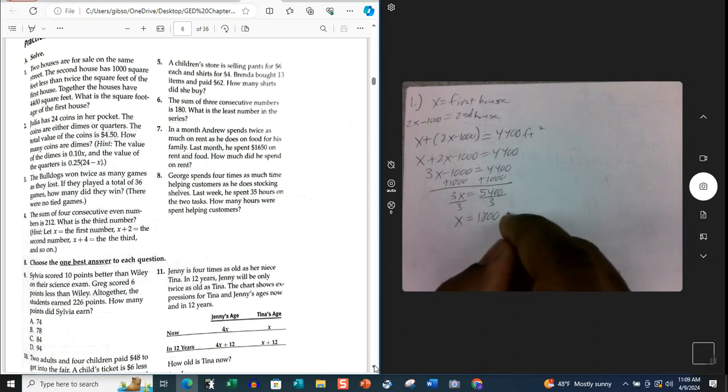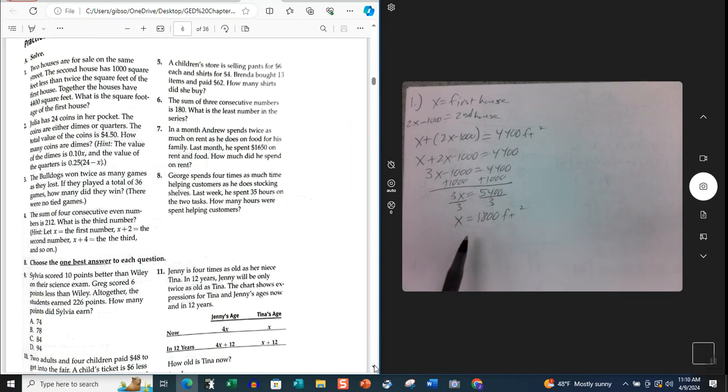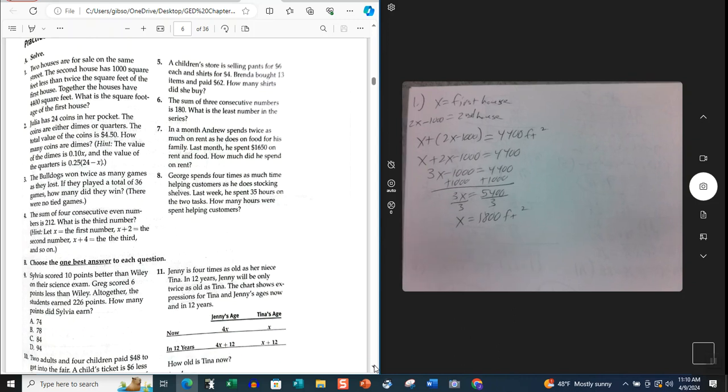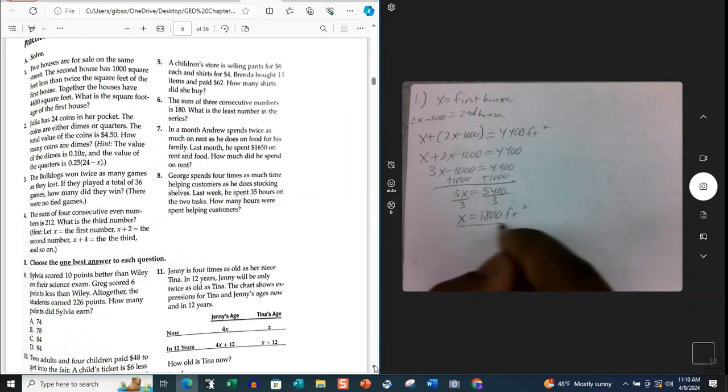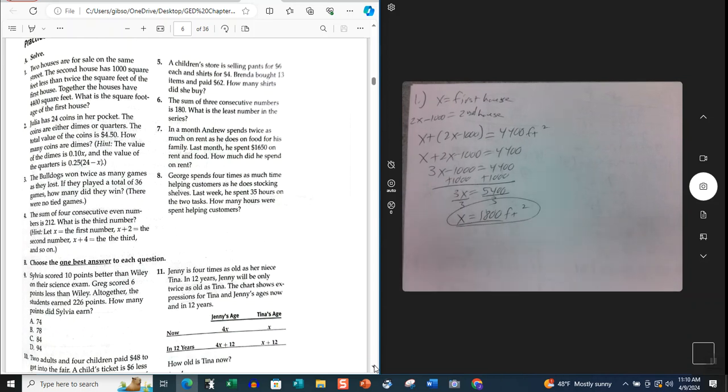And that'll be square feet. Now, again, we wanted to know how much it was for the first house. So it's 1,800 square feet for the first house. So that is our final answer. So now we go to problem 2.